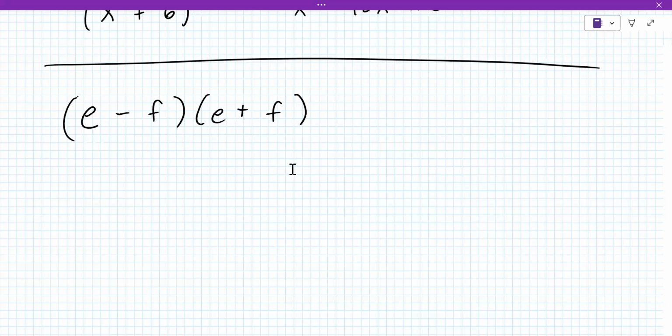Okay, so e squared plus negative f squared, or just e squared minus f squared. Yeah. Really good. All right. Can we move on to problems like 10 now? Okay, great.